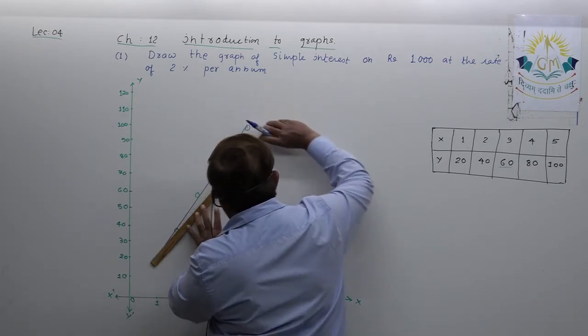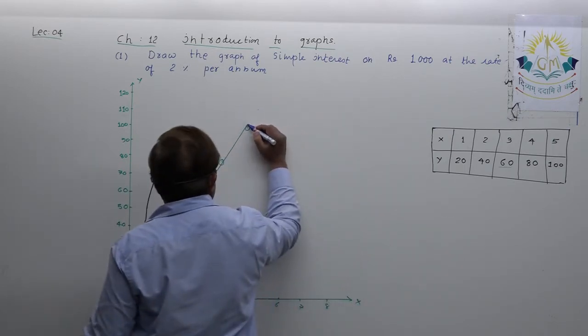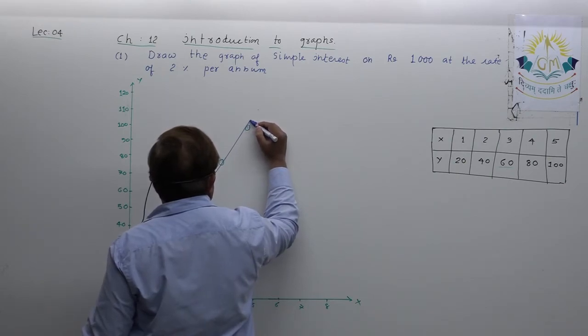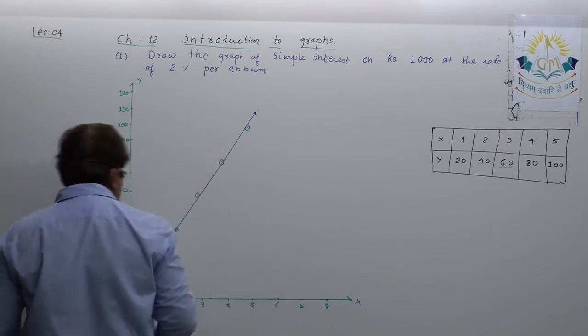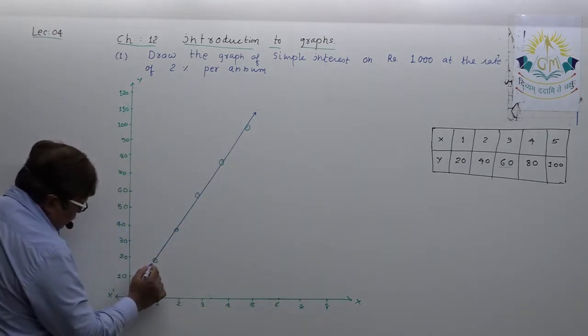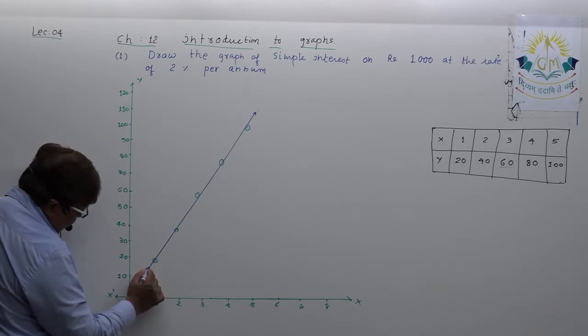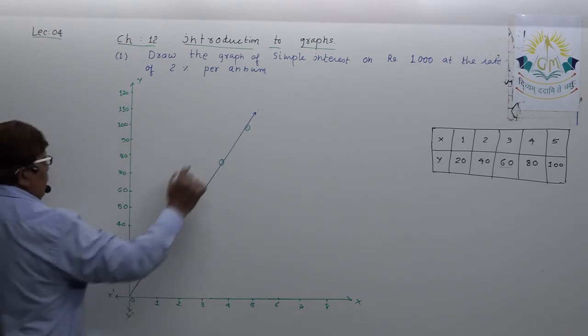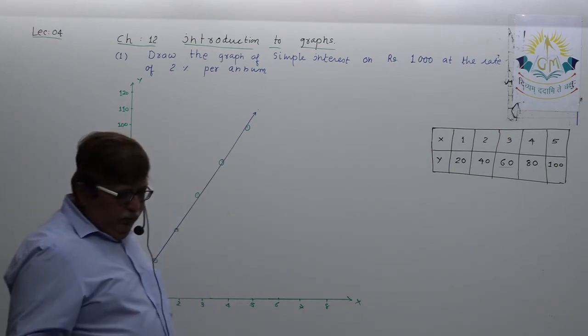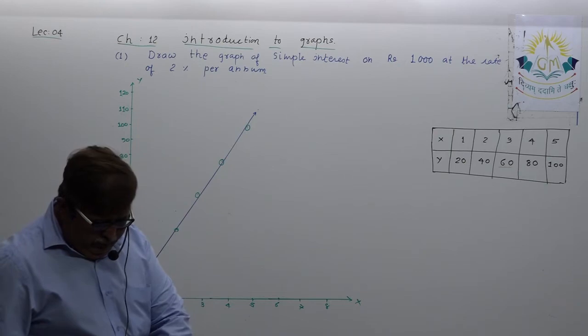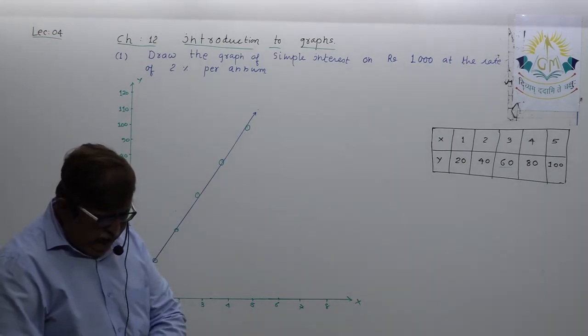Just extend it, not only up to this but also up to the origin. So this is the graph. Understand? All points need to be in a straight line.